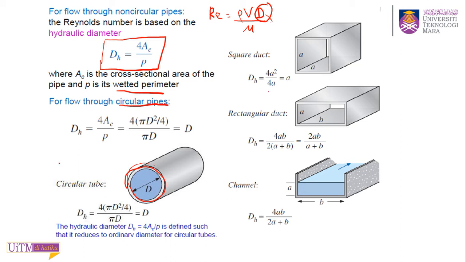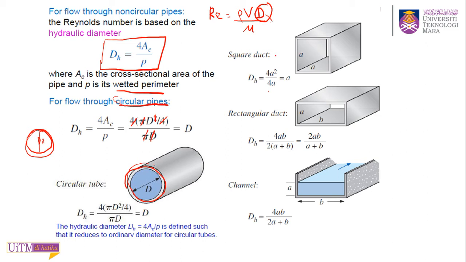When you put this in the equation, you can cancel out the pi, you can cancel out one d, and you can cancel out the 4. So that's why it will leave back the d. So for circular it is straightforward. The hydraulic diameter for circular pipes is the diameter itself.